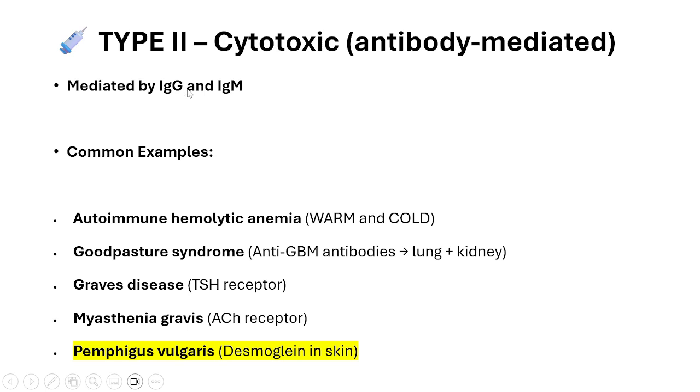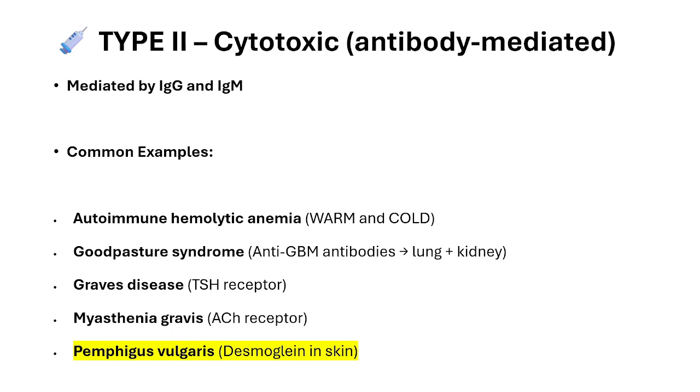So again, let's go with G for girls and M for men. Here usually the girls dominate, because the two helpful examples are the 2 G's: Goodpasture syndrome and Graves' disease, whereas for men, M can be myasthenia gravis. And from a dental point of view, it is important to know that pemphigus is considered a type 2 hypersensitivity reaction. Why?